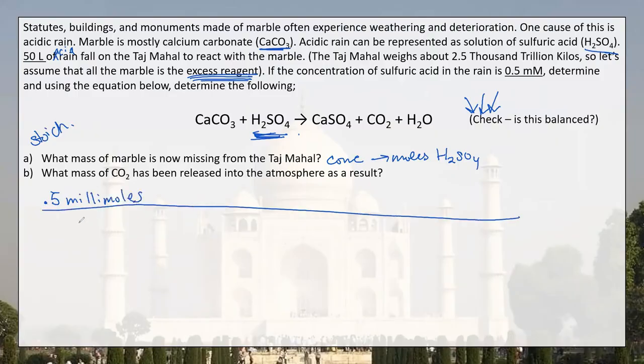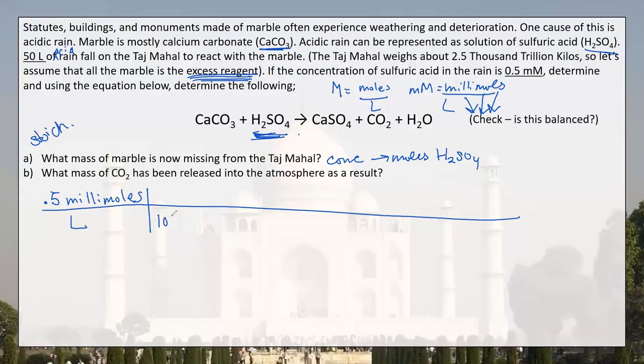per, draw my big line for dimensional analysis, per liter, right? Because this is millimolar. So if molar is moles per liter, millimolar is millimoles per liter. So we have 0.5 millimoles per liter, and we need to convert that into moles.